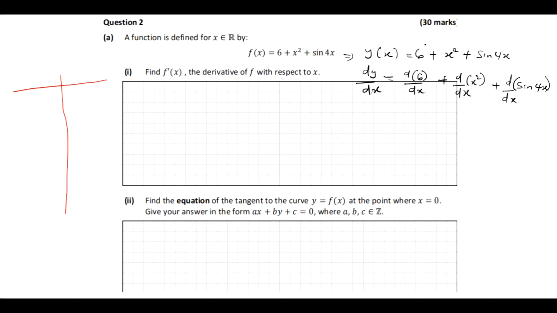So now, y as a function of x. The first type of function that we usually have is a constant. A constant is not a variable, it's just a number. It can be between 0 and infinity. In this case, we have 6 here.